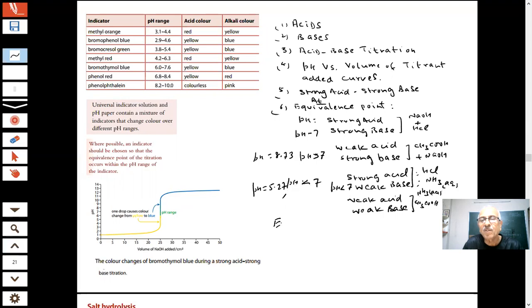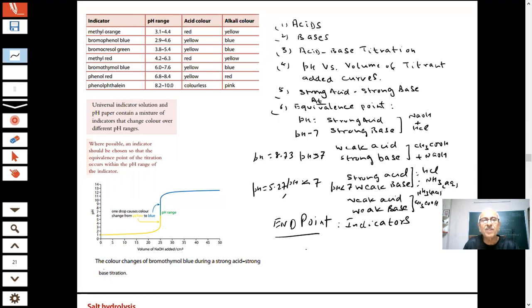And what is the use of the endpoint, students? How do you know the endpoint has been reached? How will you know in a titration that the endpoint has been reached, students? What do you use? Indicators. And we have told you indicators are weak acids or weak bases. They have different colors in unionized and ionized form. That is the meaning of indicators.